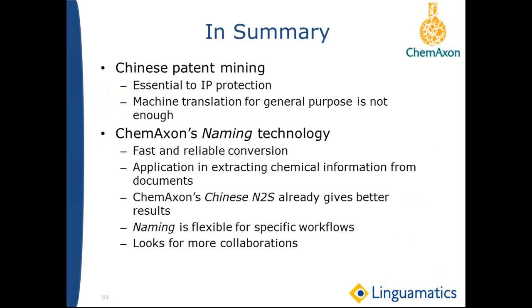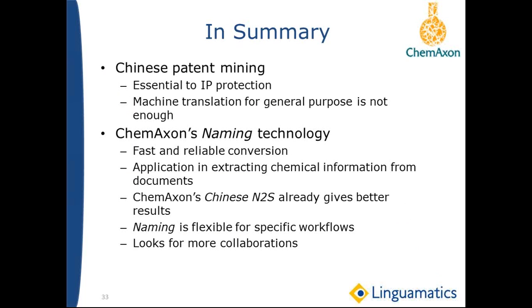So I think that's all I want to talk about today. As you can see, Chinese patent is now number one in the world, so it's very important to mine this data source for IP protection.